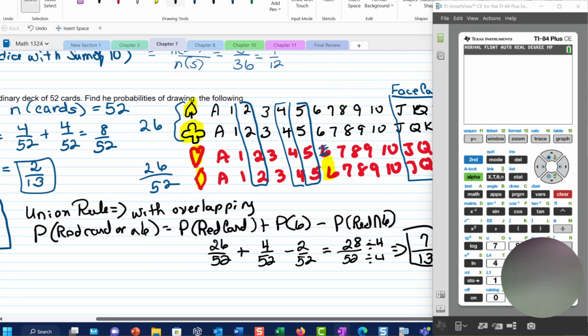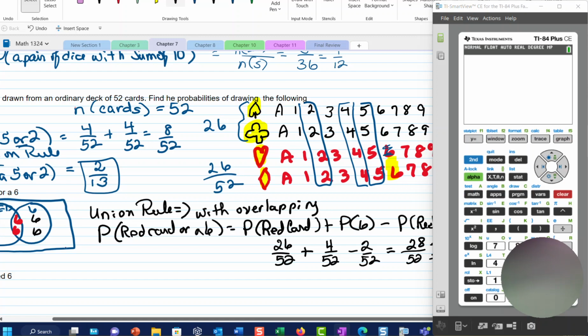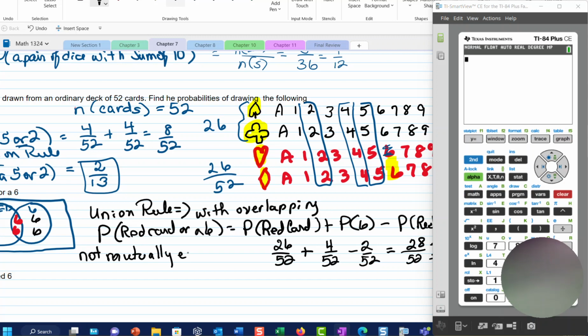There you go. They are not exclusive. They share the red 6s.